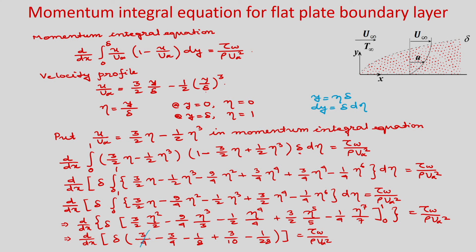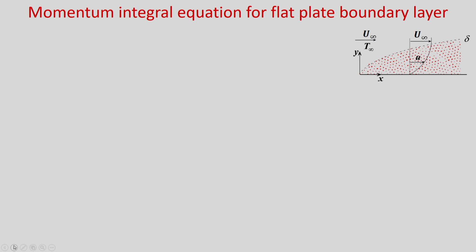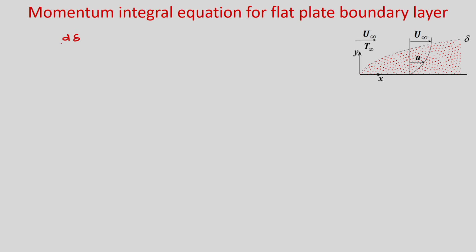So, these 3 by 4 you can cancel. So, now if you rearrange this, you can get finally in the left hand side d delta by dx, okay, times 39 by 280, and in the right hand side it is tau w by rho u infinity square.